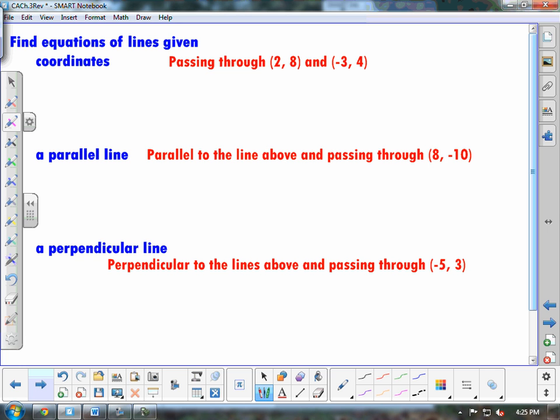All right. Moving on to the next one, finding equations of lines given coordinates. So first you have to find the slope, which will be 8 minus 4 over 2 minus negative 3. So our slope is 4/5.